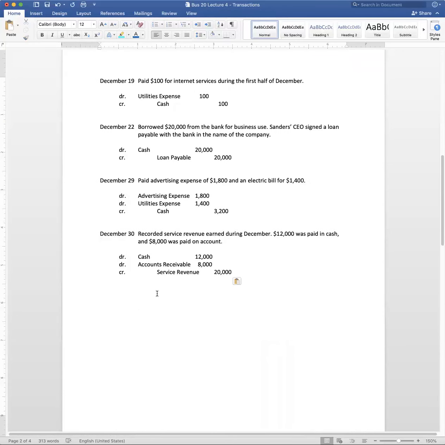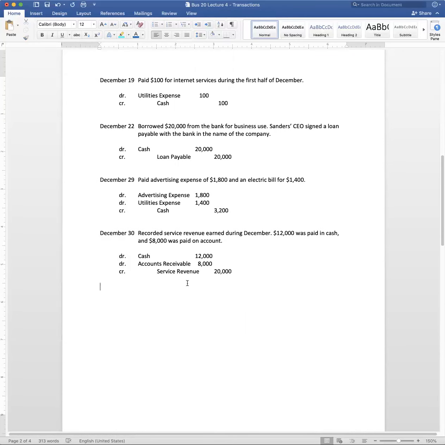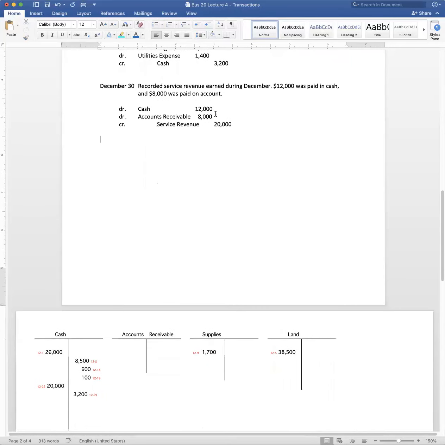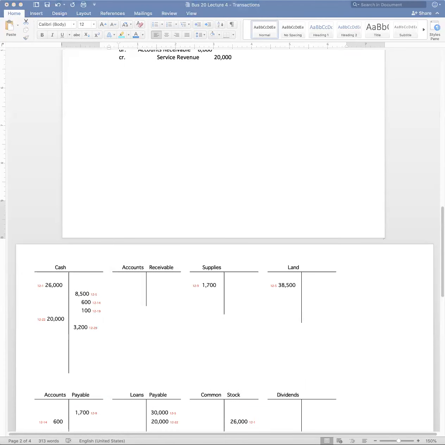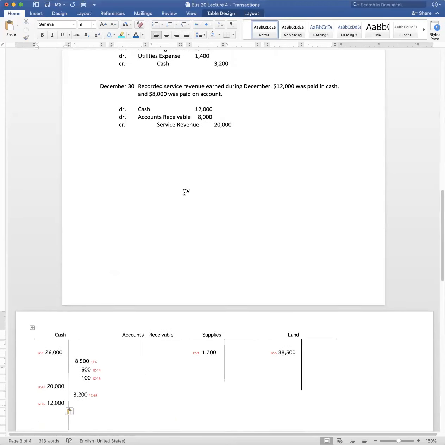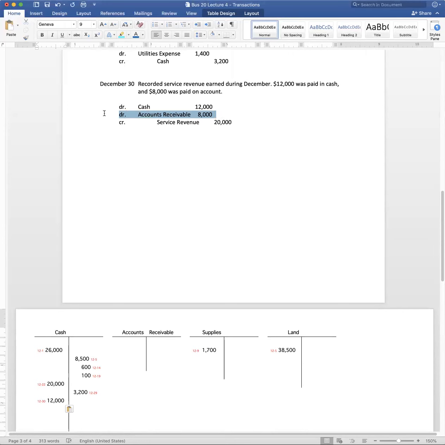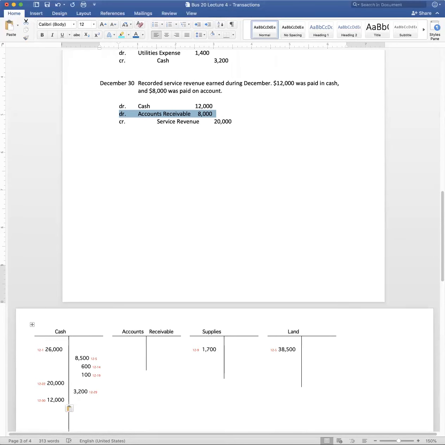Okay, now let's post that in the T accounts. So we have a debit of $12,000 to cash. So let's put that in the cash T account. And we have a debit of $8,000 to accounts receivable.